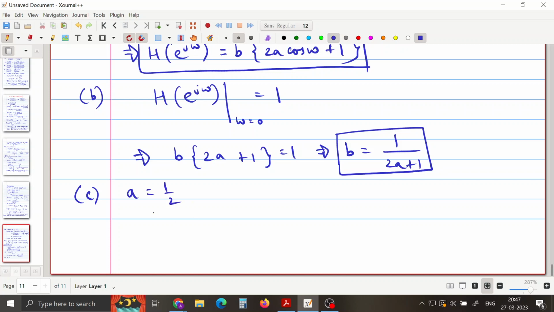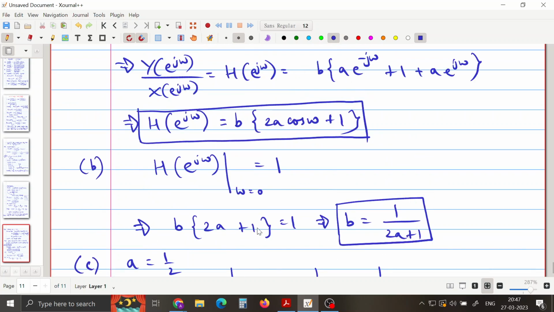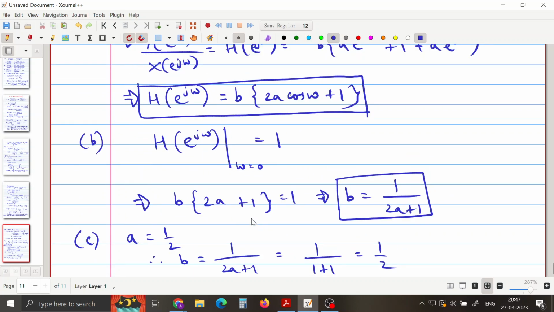If a is half, therefore b is, we already related b in terms of a, so b is 1 by 2a plus 1, which is 1 by 1 plus 1, which is again half. Okay, so we will put a equals to half and b equals to half in the original expression of frequency response, b times 2a cos omega plus 1.